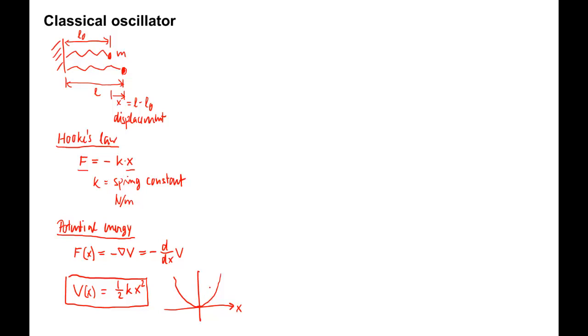Now, let's combine the restoring force from Hooke's law with Newton's second law. We get F equals m times the second derivative of the position, displacement, and that is equal, according to Hooke's law, to minus k times x.